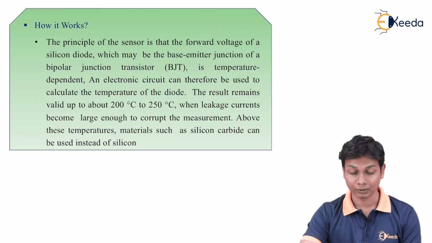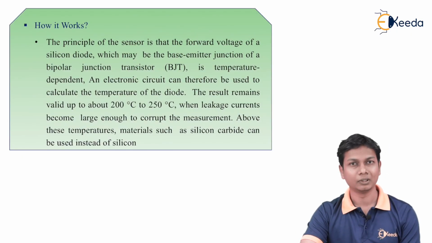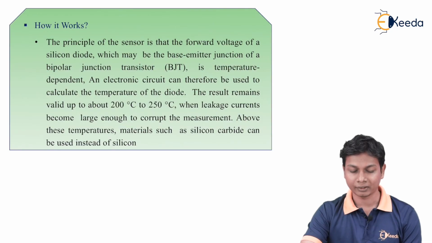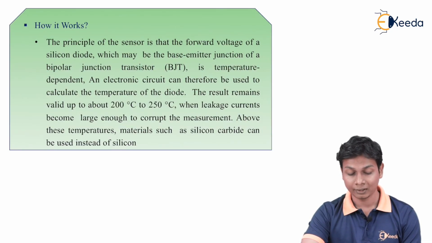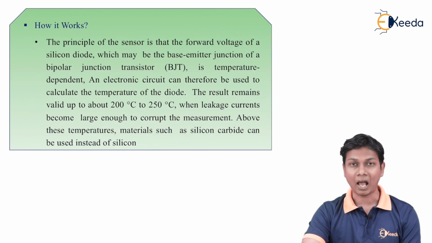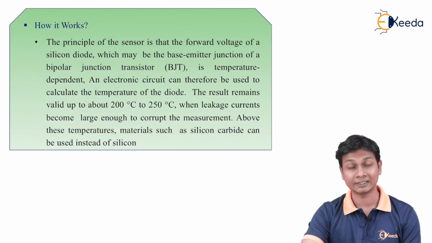So most of the time the transistor is used, and the transistor material is silicon carbide, used instead of silicon, and as the forward voltage of the sensor increases it becomes temperature dependent.